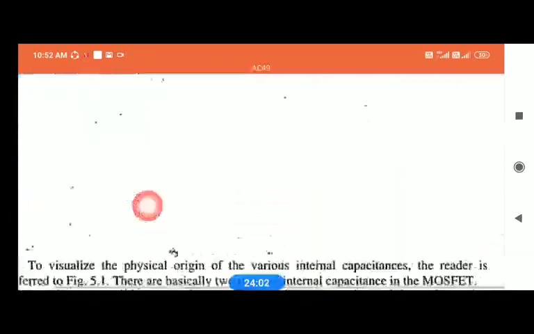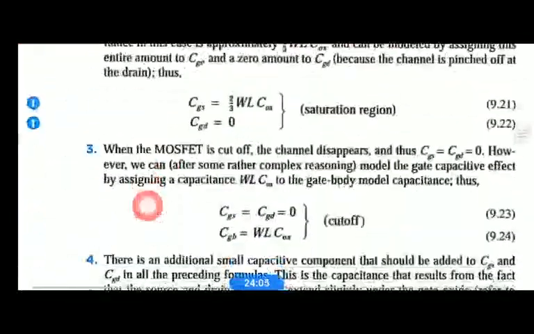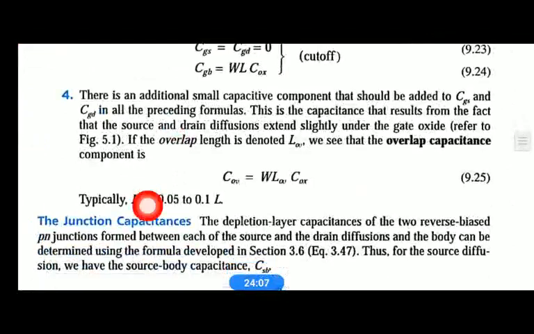Hence the total overlap is given here as W into L overlap.